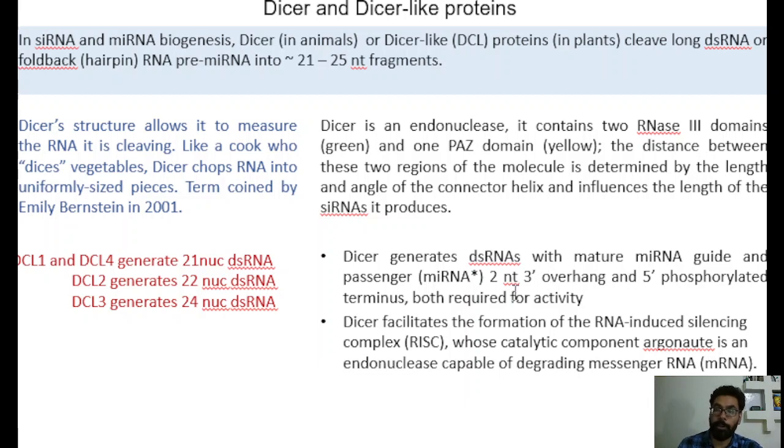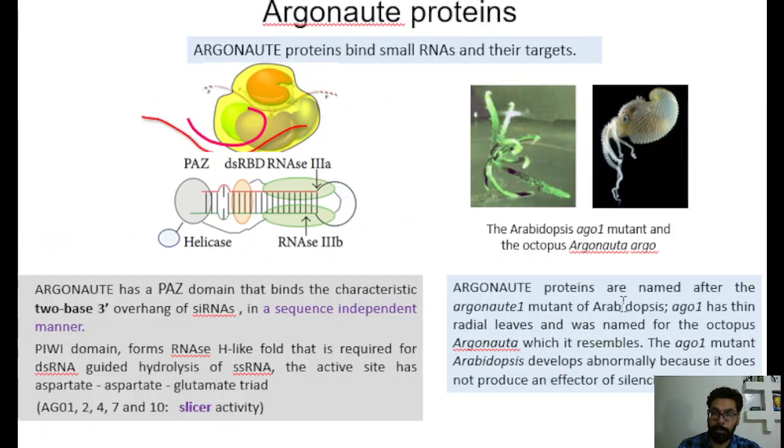Okay, this is important because after the chopping off, this 2 nucleotide overhang will act as a signal, that will facilitate the loading into the RNA-induced silencing complex by the Argonaute protein, and leads to the degradation of mRNA.